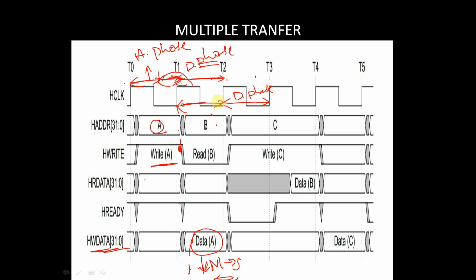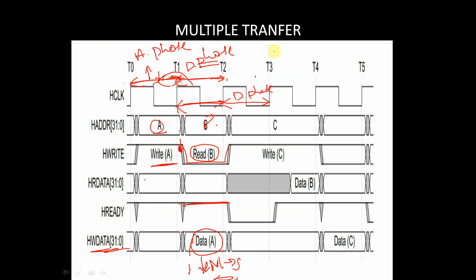So during this second address phase, address B is being passed, and here we can see HWRITE is equal to low, which indicates a read operation, and we can see here HREADY is asserted to high. HREADY is high.